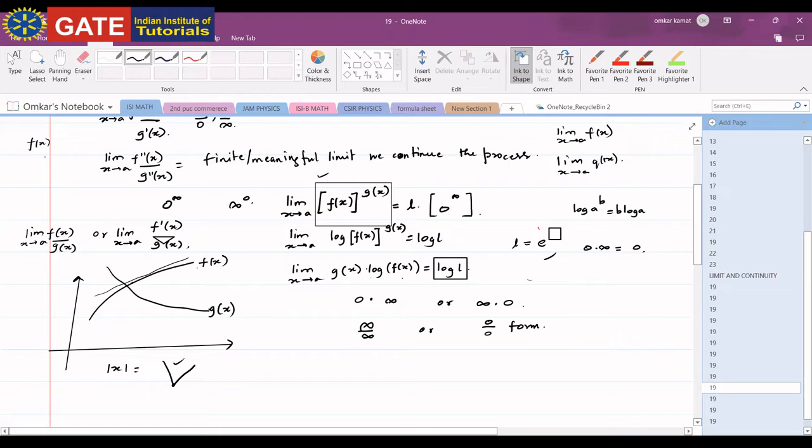Understood? That is the L'Hopital rule significance. Since it is a smooth curve, it is infinitely times differentiable, and that is the property L'Hopital used to derive the limit of the function.